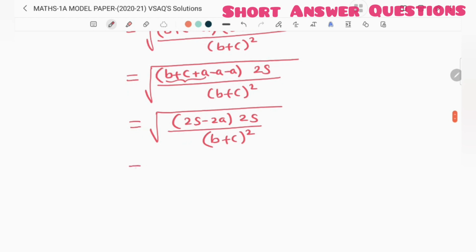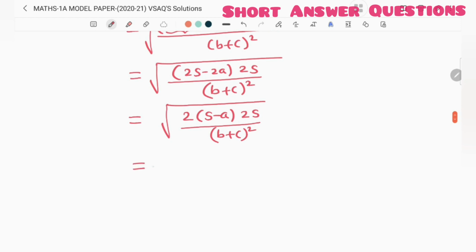So take 2 common: 2 into s minus a into 2s by b plus c whole square. We can take the 2 outside, so 2 root over s into s minus a by b plus c whole square.